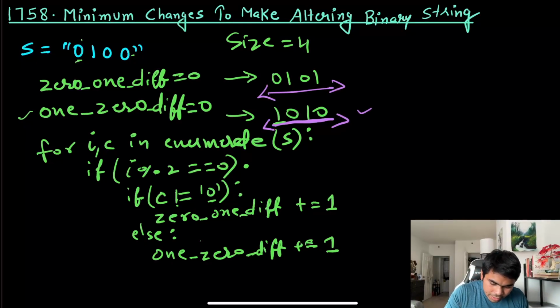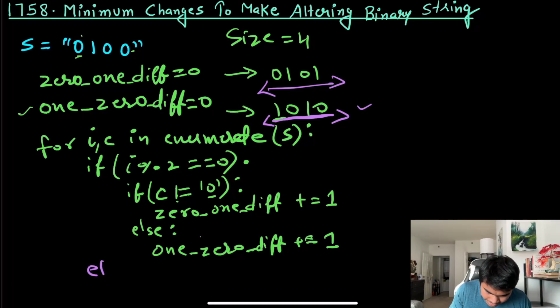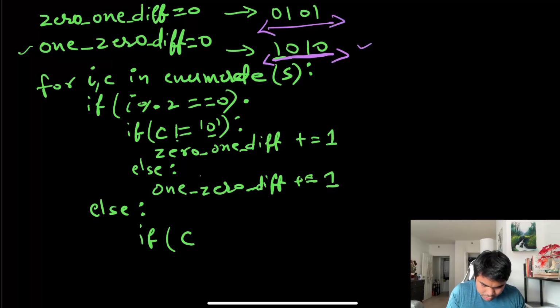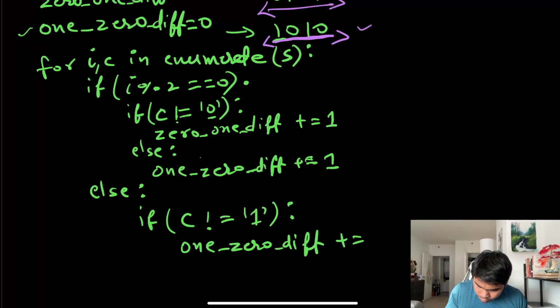Okay, same thing we will do, exact same thing, but we'll actually flip the order. In the else case, if this c is not equal to 1, that means I will have to increment the 1 0 diff, right?